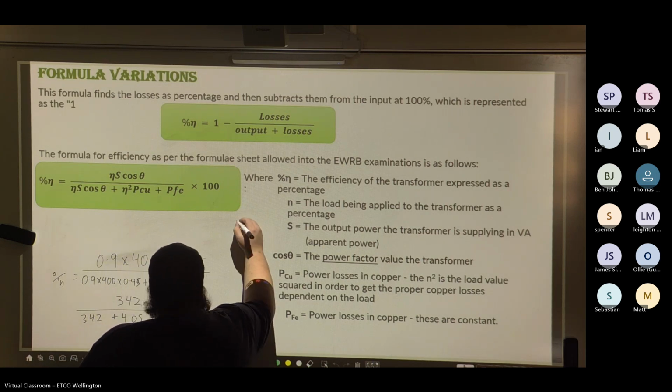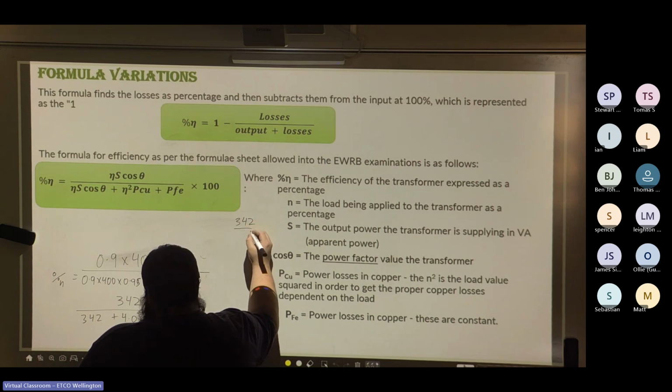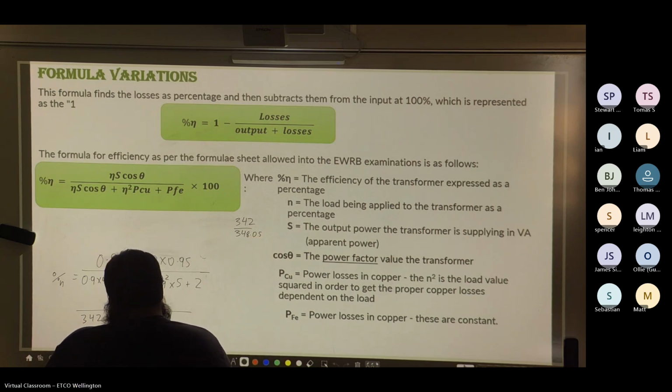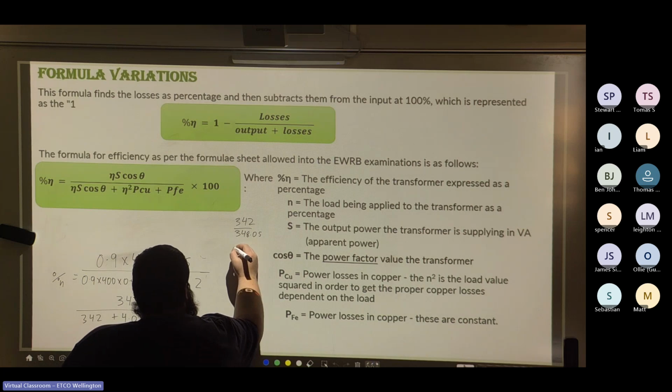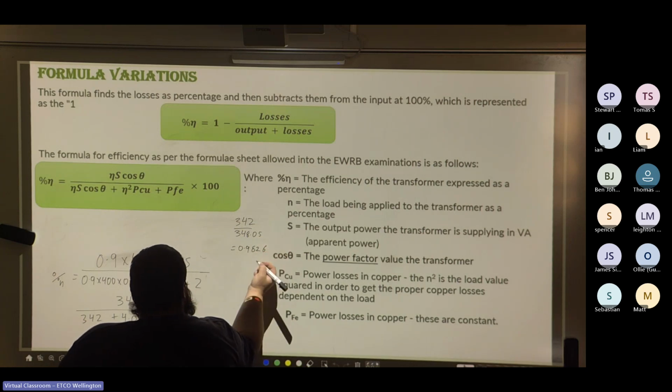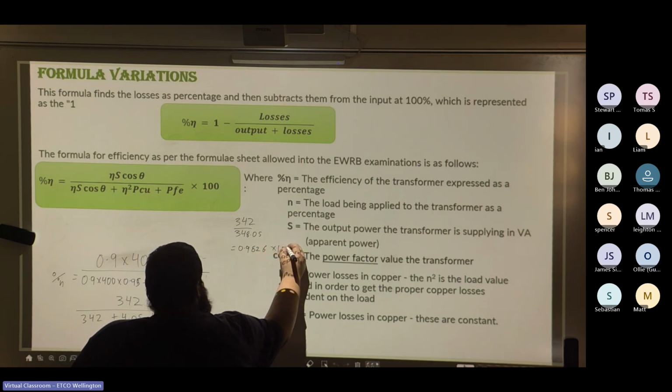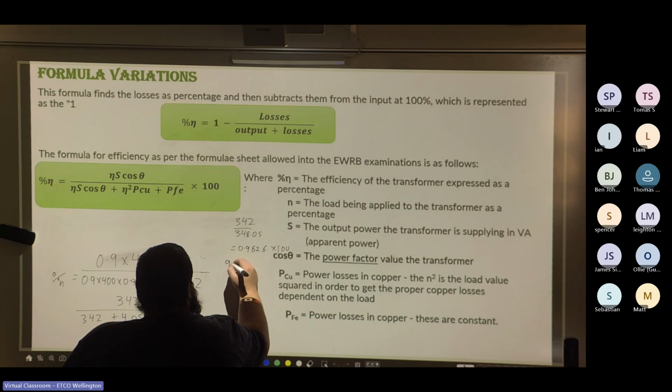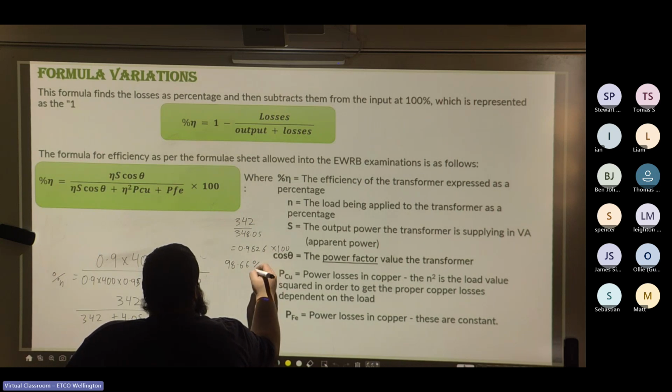So it's 342 over 348.05, which gives us 0.9826, which times 100 to get our efficiency gives us 98.26%.